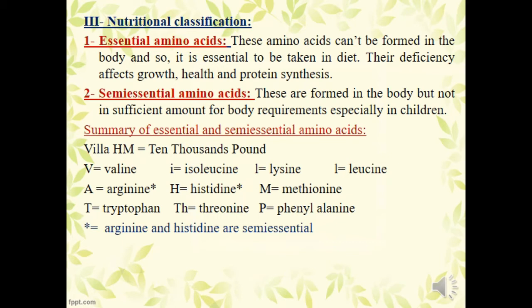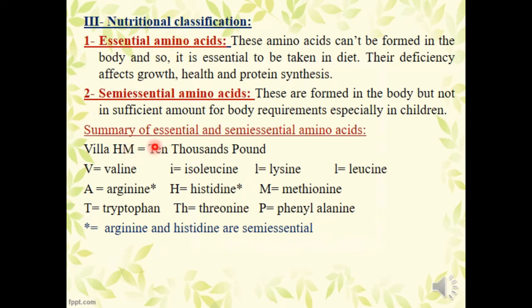So how to memorize this? Very easy. This is the acronym that can help you memorize: Villa HM 10,000 pounds. V, valine. I, isoleucine. L, lysine. L, leucine. E, arginine. H, histidine. M, methionine.